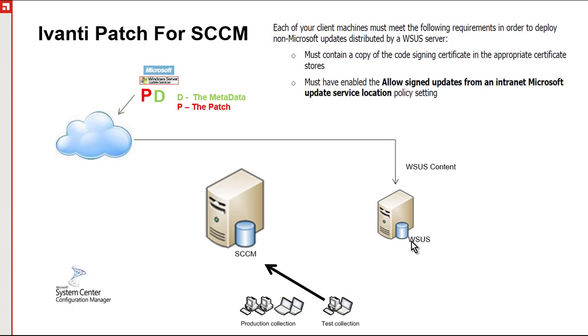When you add third-party content to this equation, there is no direct way to do it using the existing Microsoft infrastructure, because Microsoft only creates Microsoft updates. And Microsoft digitally signs their content with a Microsoft signing cert. When Adobe comes out with an update, they create the patch itself, the MSI, MSP, or EXE.